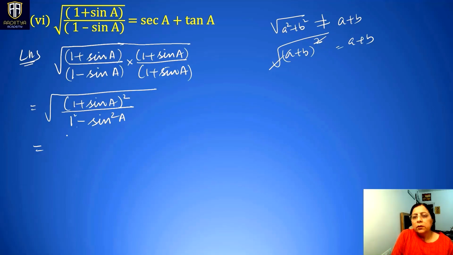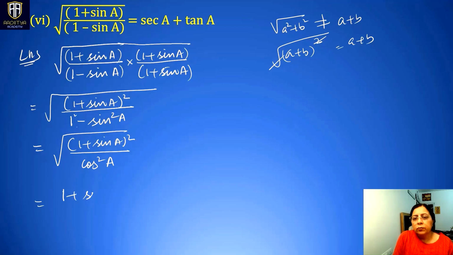Now, in the numerator, we keep this bracket as the whole square itself: 1 plus sine A whole square. In the denominator, 1 minus sine square A, by the identity, can be written as cos square A. Now we can take the square root of the numerator as well as the denominator.